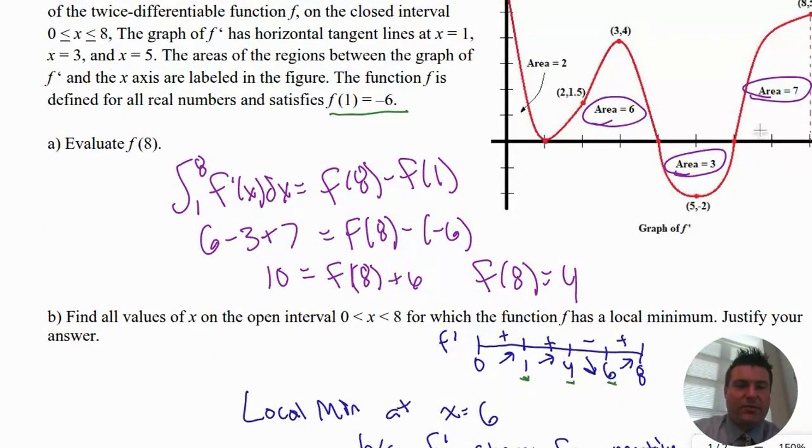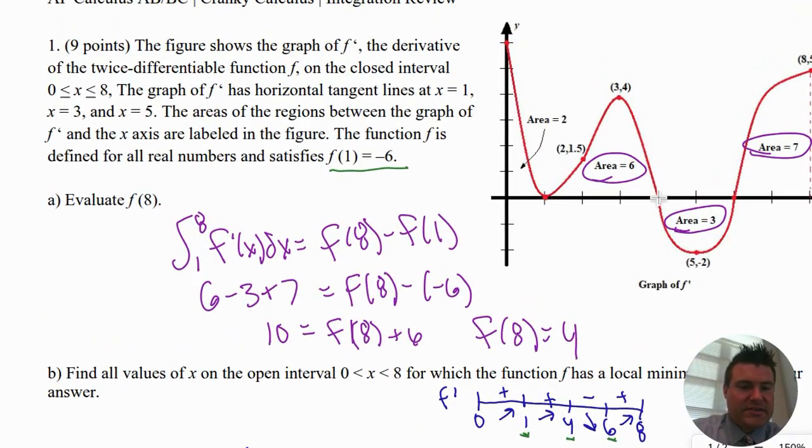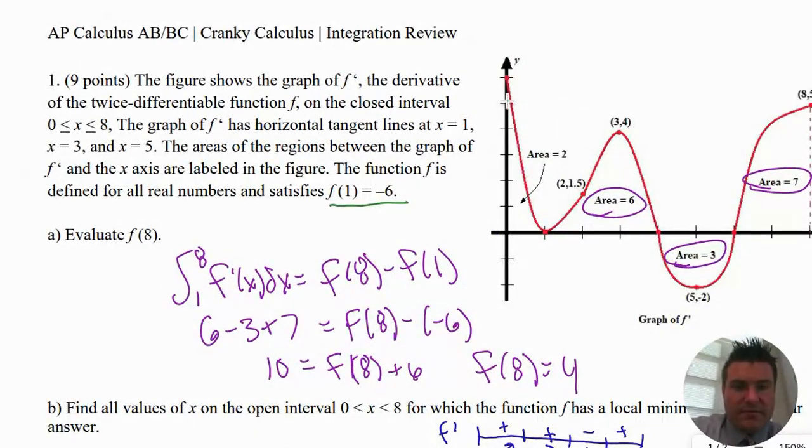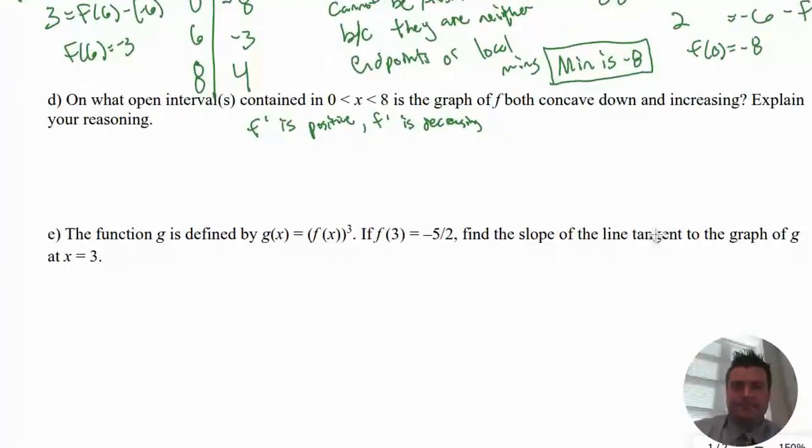So when is f prime positive and decreasing? You can look at that right here. Well, I'm positive almost everywhere except for from 4 to 6. But I'm going to be positive and decreasing from 0 until 1, and then from 3 until 4.